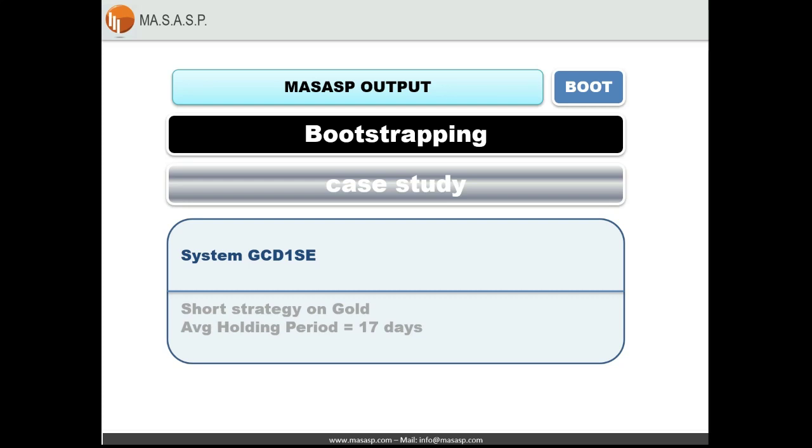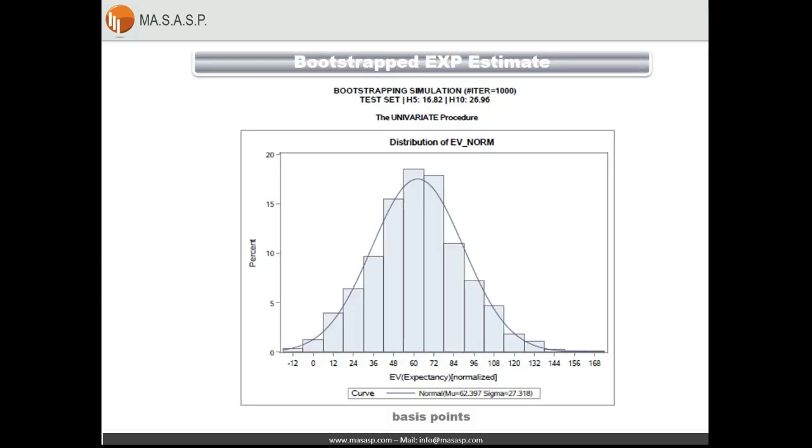Let's go for a real-life example. Let's have a look at the conservative long strategy on gold. The expectancy point estimate is nearly 60 basis points, the vertical green line.